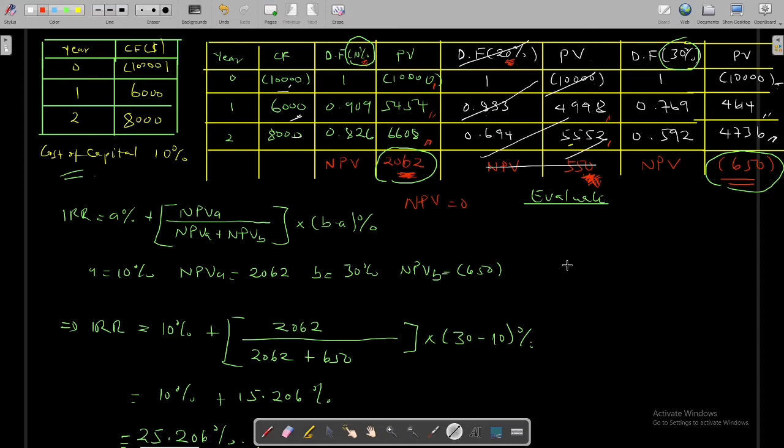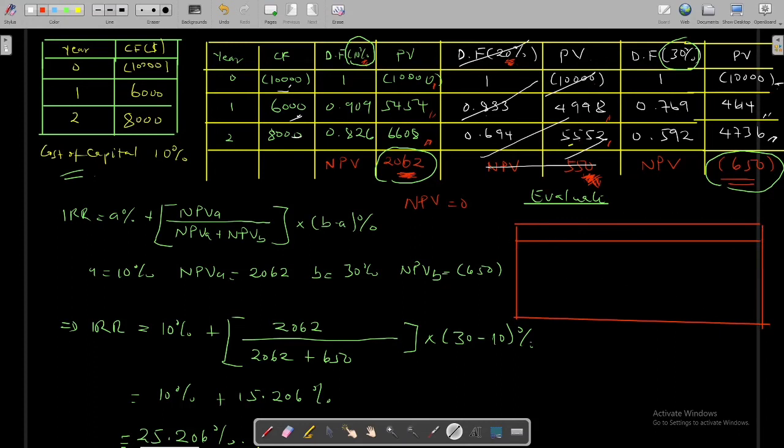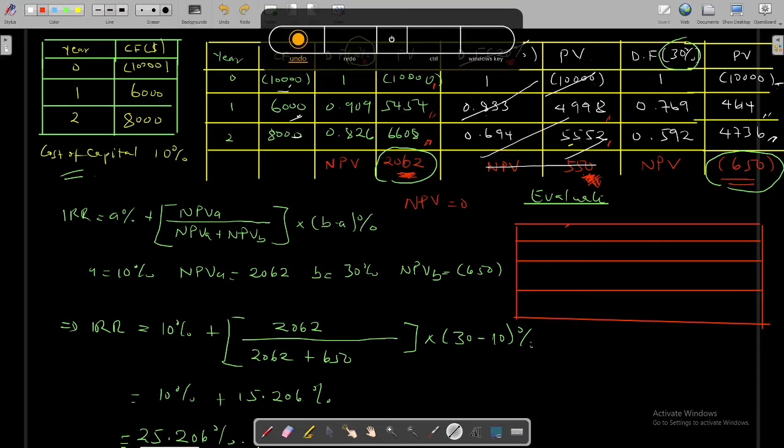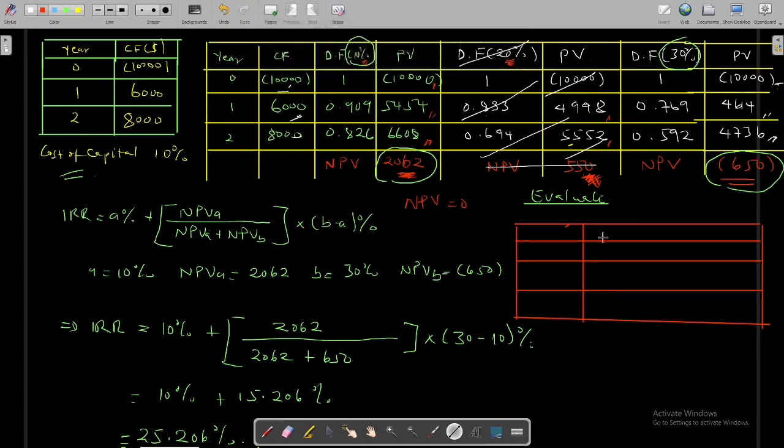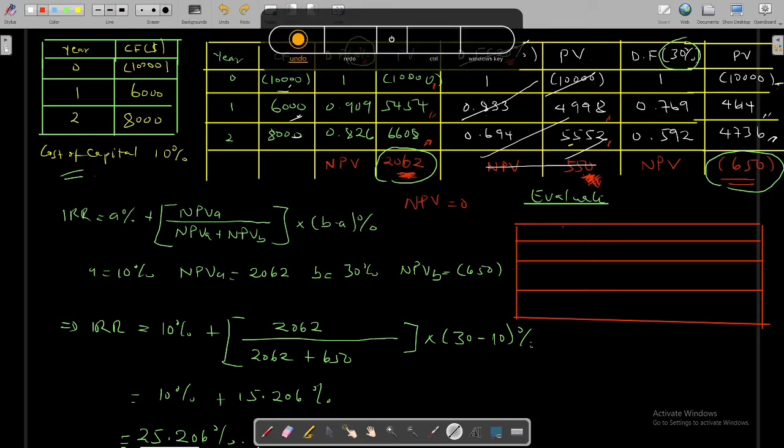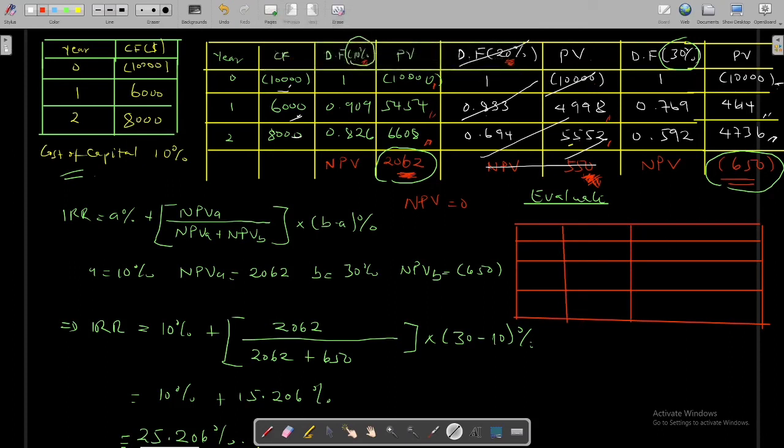So let's use this table. Here is year 0 and this is year 1. So here: cash flow, PV, the discount factor.